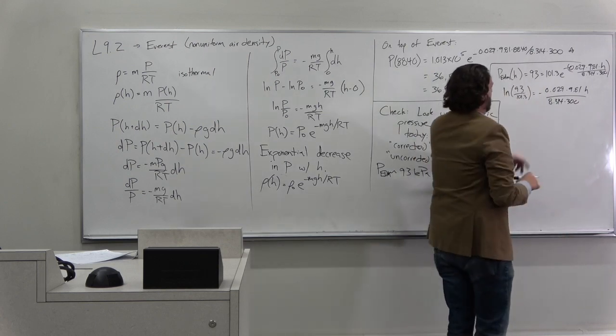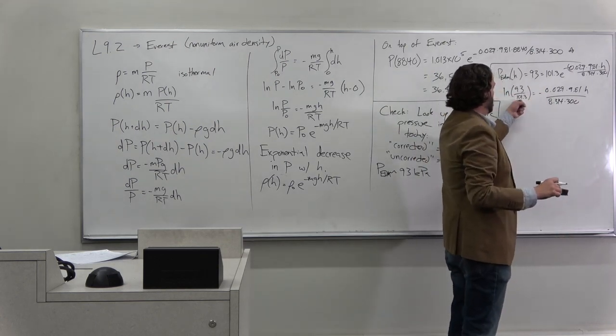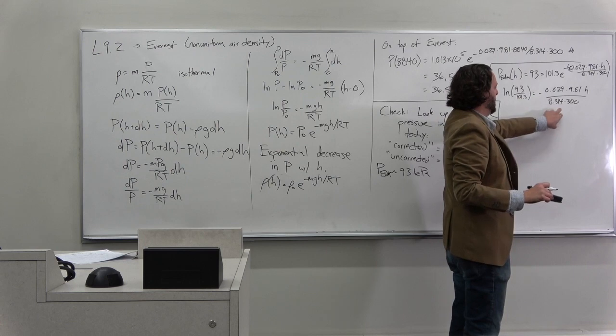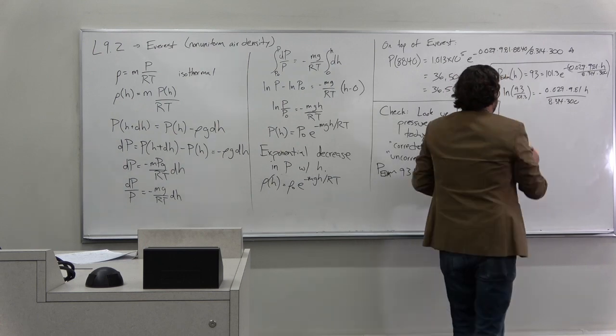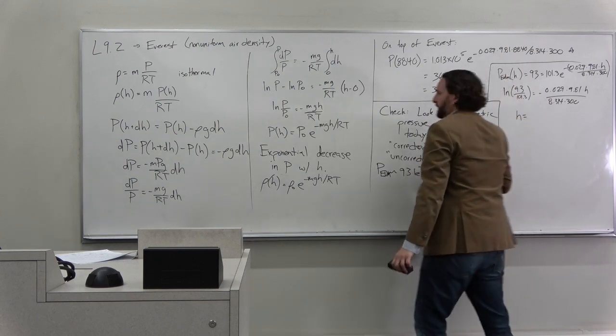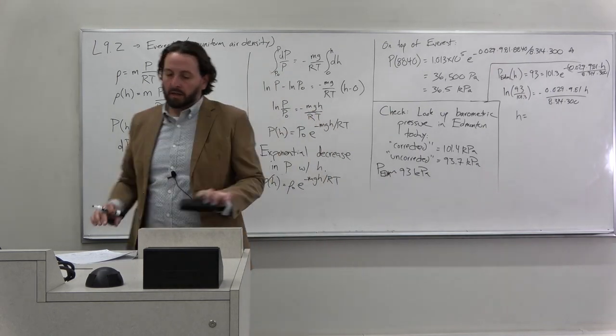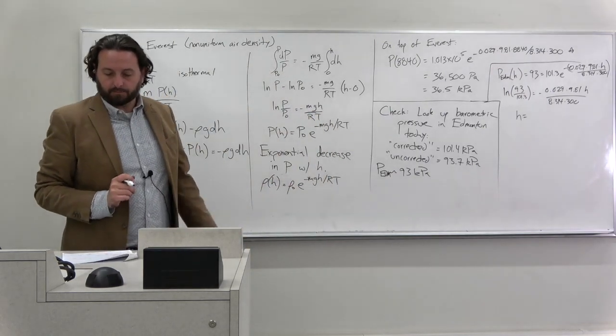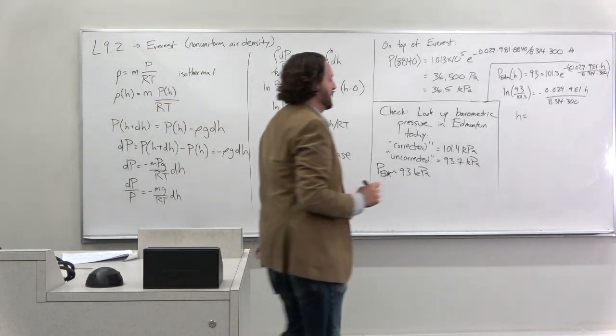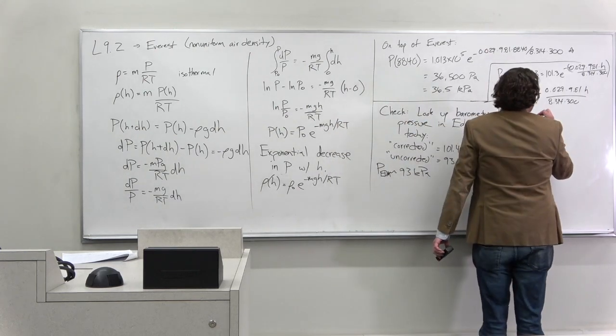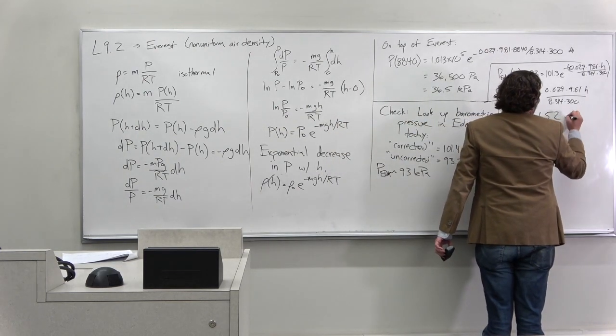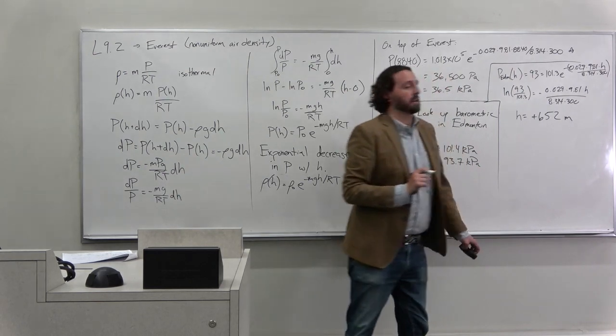All right, so you'll just take this. That'll be negative, right, because it's less than 1. Your minus signs will get away. You'll move all that stuff to the other side, and you'll get H. And if you calculate what H is, I calculated 652 meters above sea level.